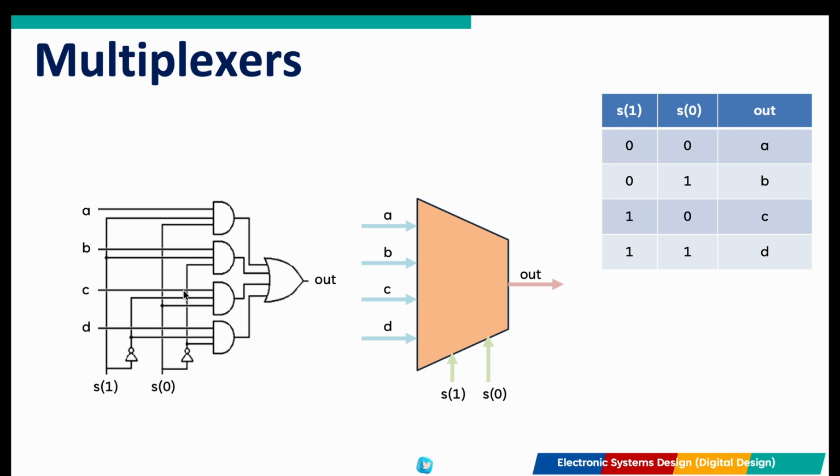They ensure that for any given combination of S1 and S0, only one AND gate can be active at a time. All other inputs are effectively blocked. Finally, this path meets at a large OR gate, which passes the successfully selected signal through to the output. This is combinational logic at its most efficient.